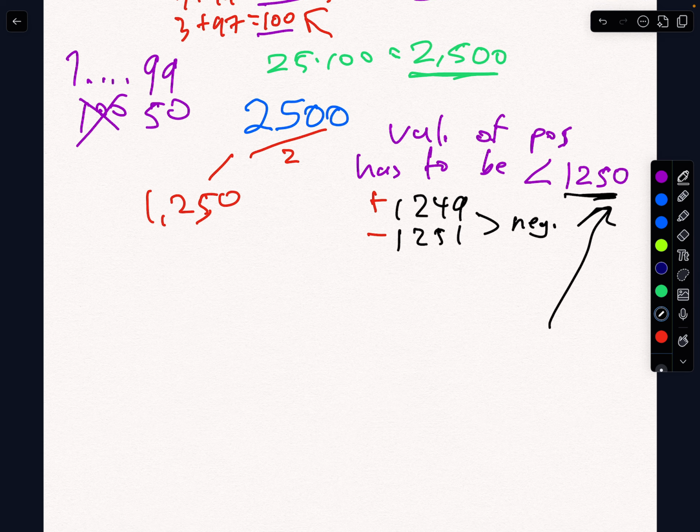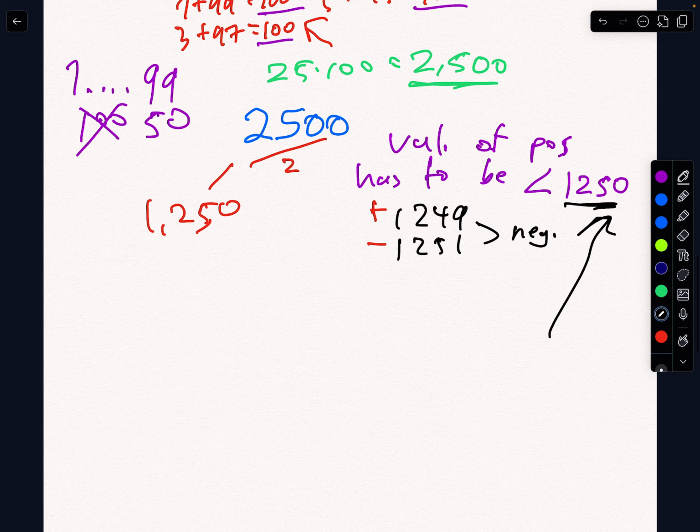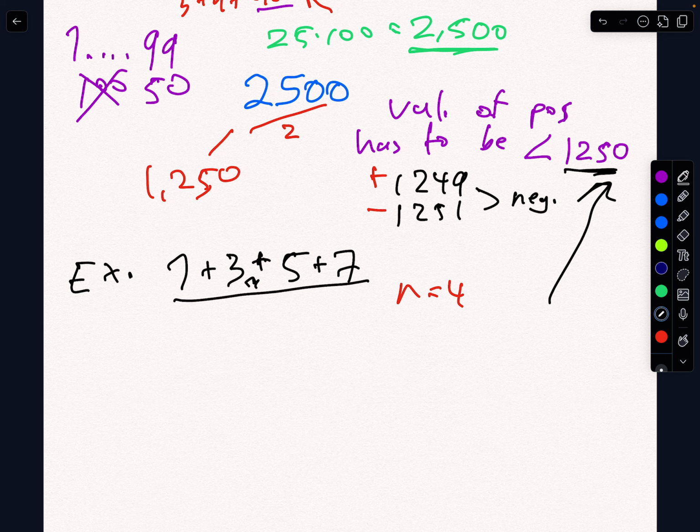Well, the thing with odd numbers is there is an interesting property when you add them up. So I'm going to give an example. Right here we have n equals 4 because we have 4 odd numbers. And the theorem states that if you have n odd numbers, their sum is just going to be n squared.